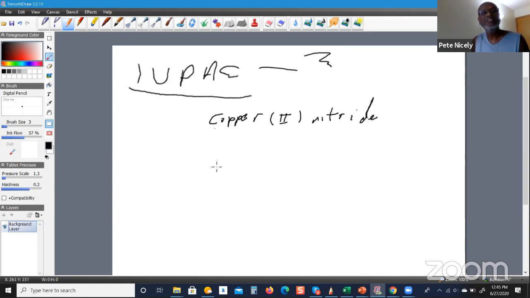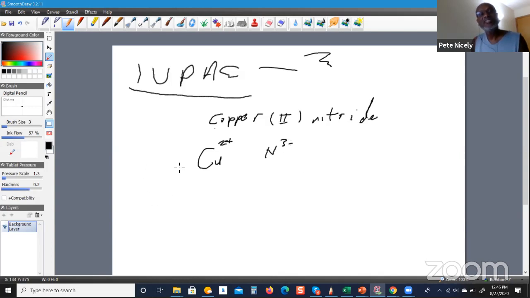So you could go to the tables I've provided for you. In fact, there are 3 pages in the table that you can look at to determine the formula if you're given the name of the ions. So in the case of copper(II), that is Cu2+, and the nitride is N3-, all right?